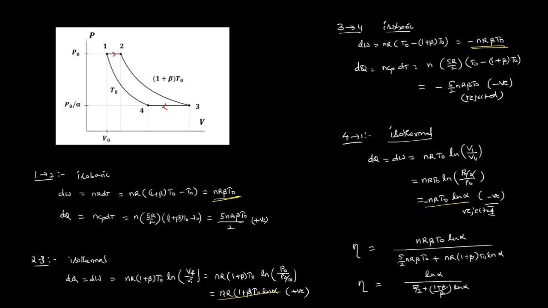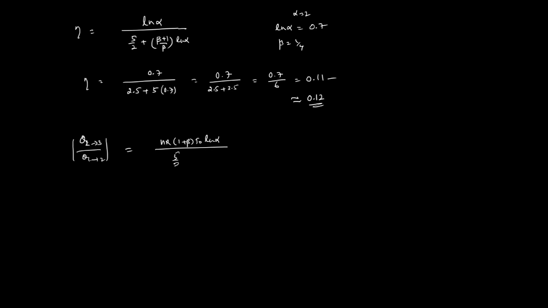And for 1 to 2, the Q value is 5 by 2 nR beta T naught. So nRT naught will cancel out. Then you will get 2 by 5 into 1 plus beta by beta into ln alpha. Then 2 by 5 into 1 plus 1 by 4 by 1 by 4, which is 5, ln 2 is 0.7. This is 7 by 5, you will get 1.8.